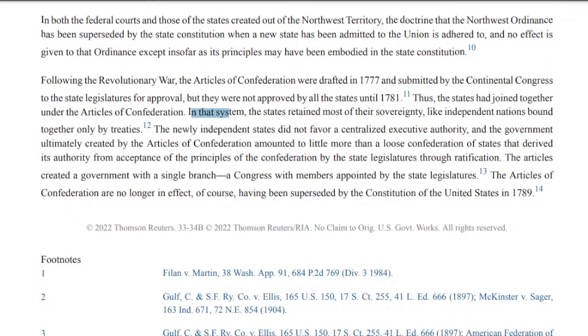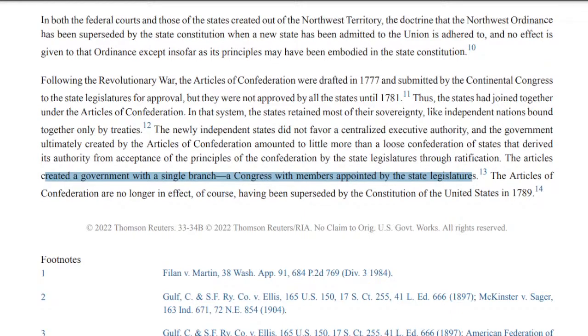In that system, the states retained most of their sovereignty, like independent nations bound together only by treaties. The newly independent states did not favor a centralized executive authority, and the government ultimately created by the Articles of Confederation amounted to little more than a loose confederation of states that derived its authority from acceptance of the principles of the Confederation by the state legislators through ratification. The Articles created a government with a single branch, a Congress with members appointed by the state legislators.